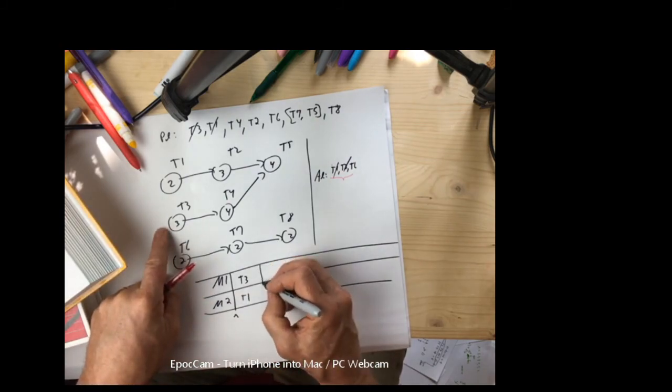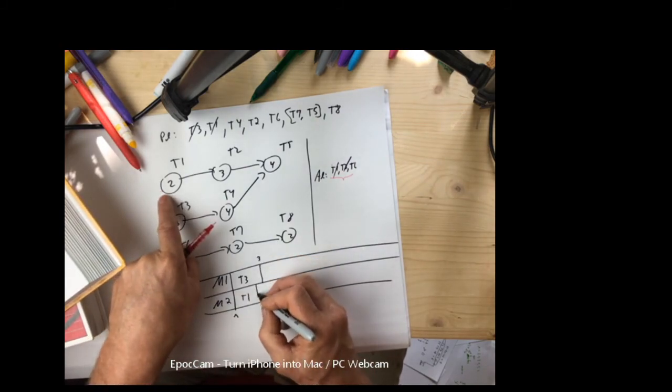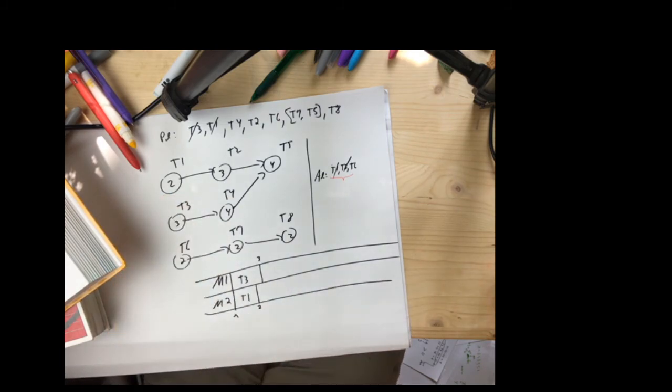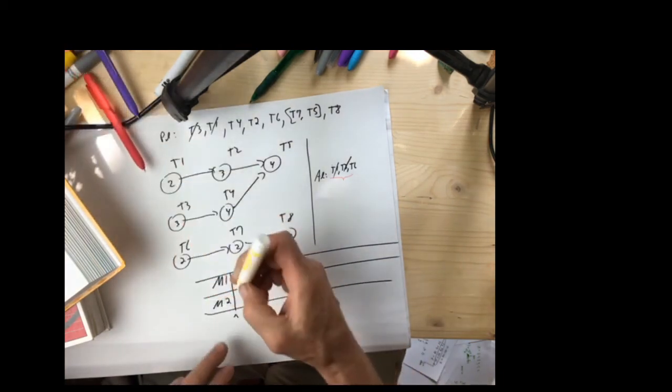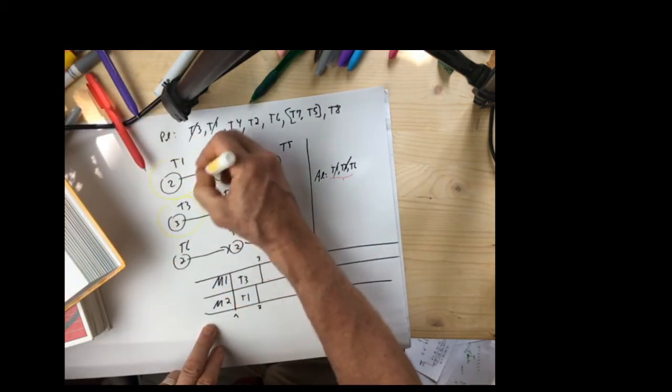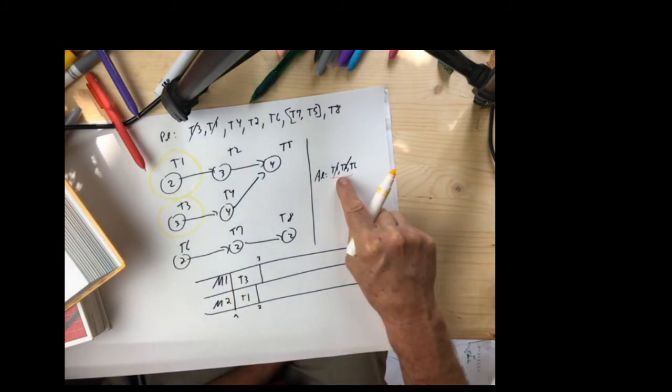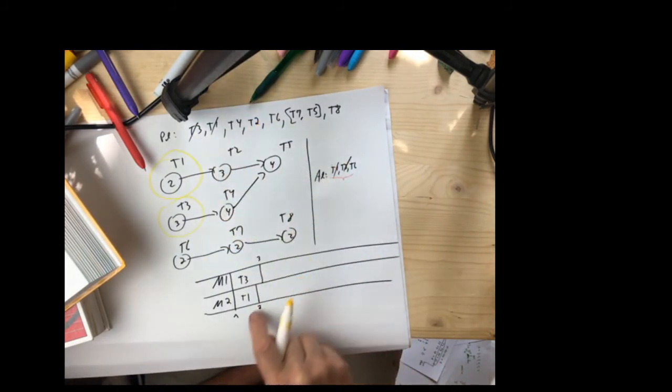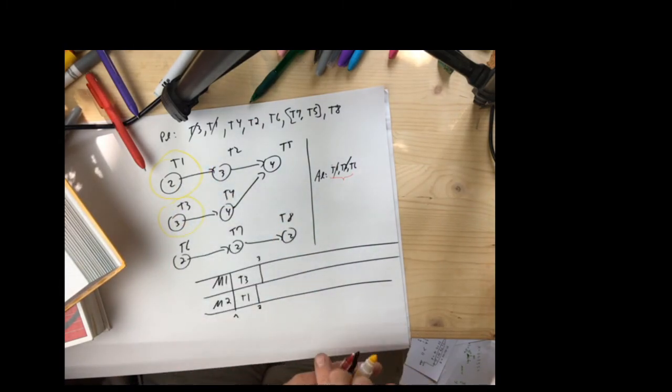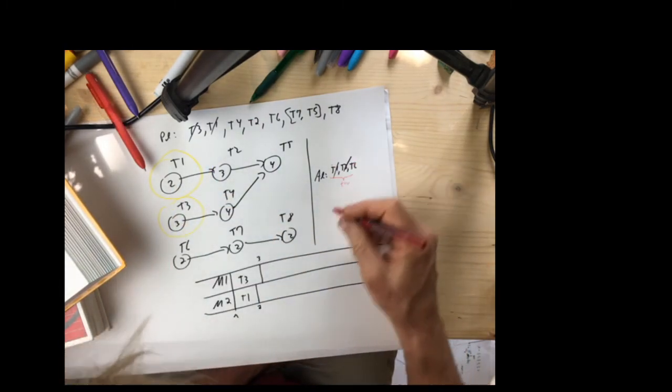T3 runs for 3. T1 runs for 2. And there's the beginning of my scheduling. Very different than the other one. Now, I've updated the available list, I've updated the priority list, I've put the end times in, I've updated the digraph. I now move my time marker from T equals 0 to where?